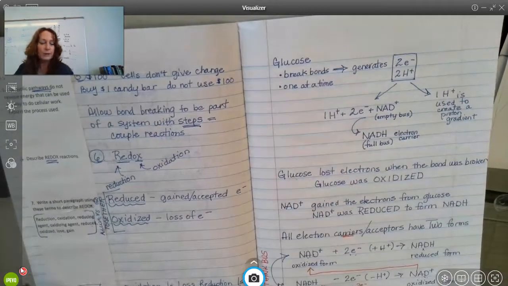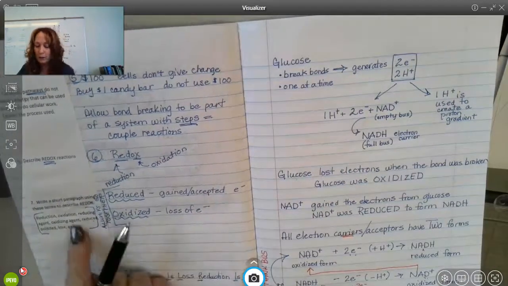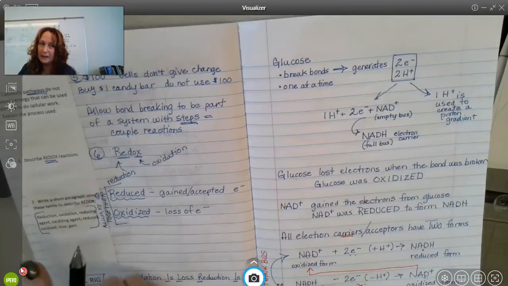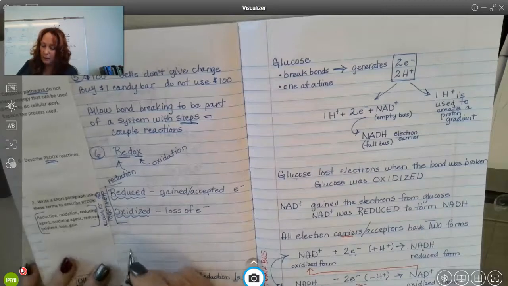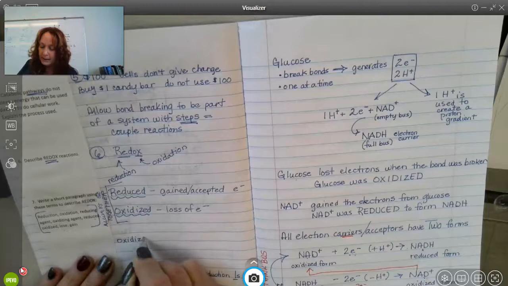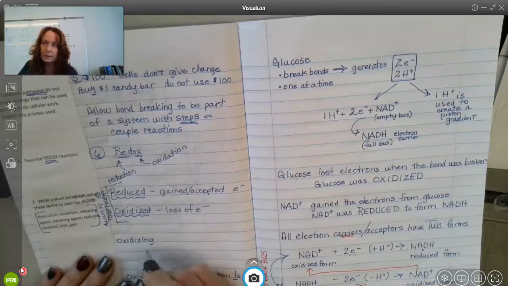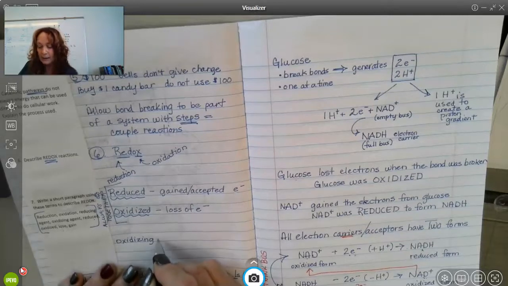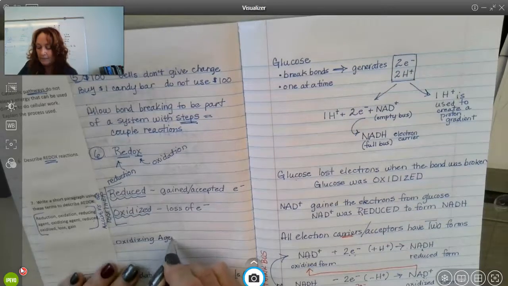So the last thing I want to do is go back over here and make sure we can use these words. They can get confusing. You even see things like this on some types of detergent. They'll call it an oxidizing agent.